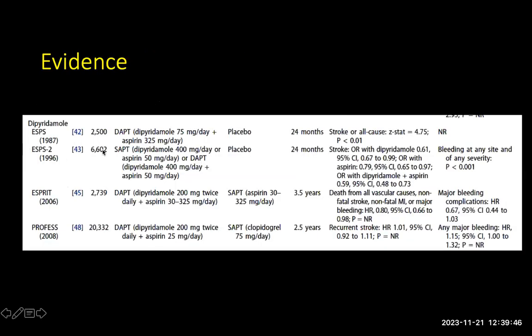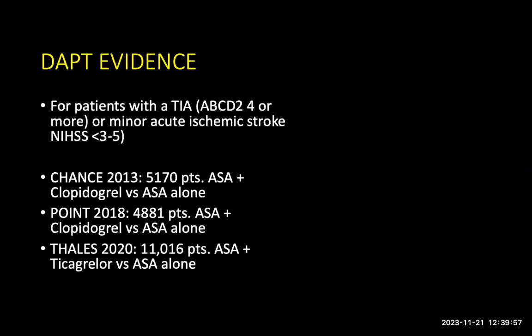A lot of trials explored its efficacy compared to placebo as well as compared to aspirin. Maybe again, slight suggestion of benefit as compared to aspirin alone, but the side effects don't really warrant us to give Aggrenox as compared to aspirin alone.